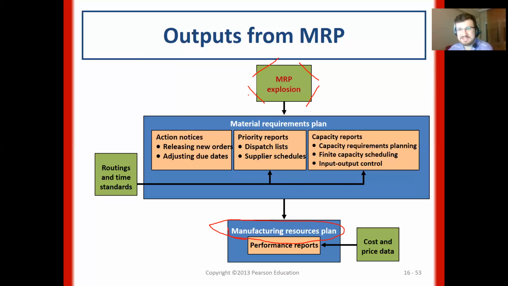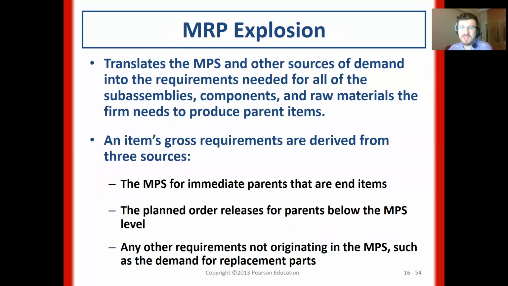Now, let's see what we mean by MRP explosion. MRP explosion simply translates, converts MPS and other sources of demand into the requirements needed for all of the sub-assemblies, components, and raw materials which are going to be used to make the parent items, to make the end items.